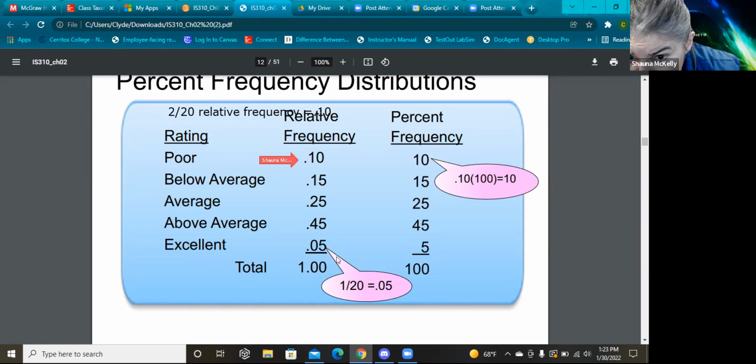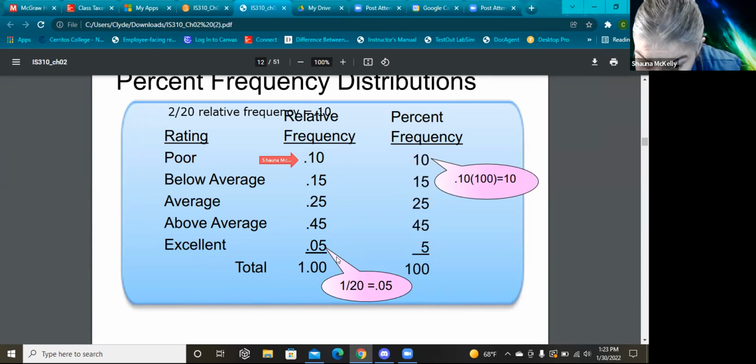Anytime you take relative frequency, the percent frequency is always the relative frequency times 100.